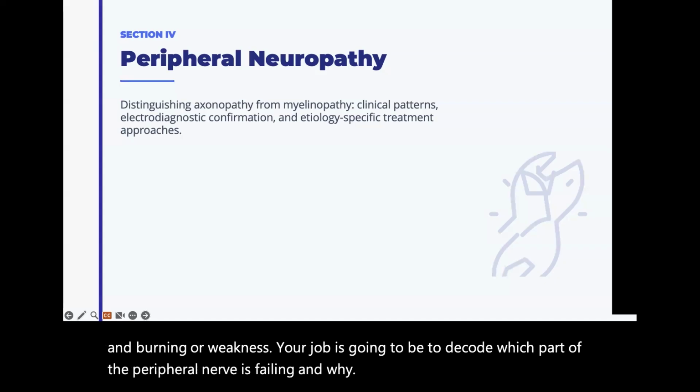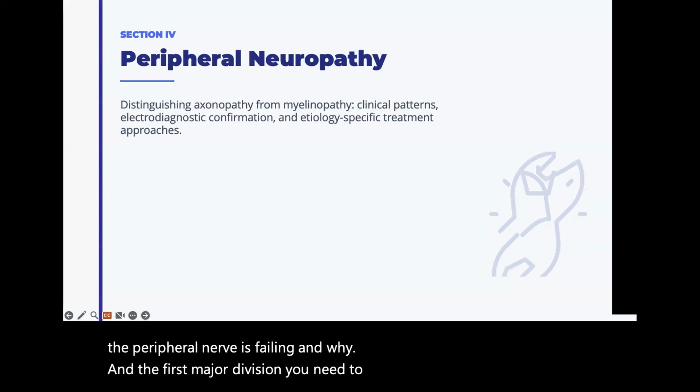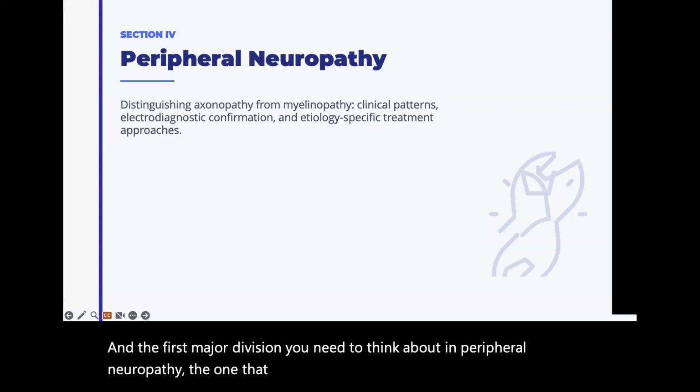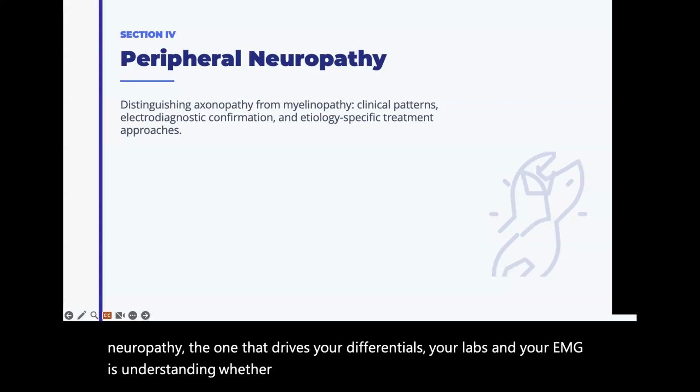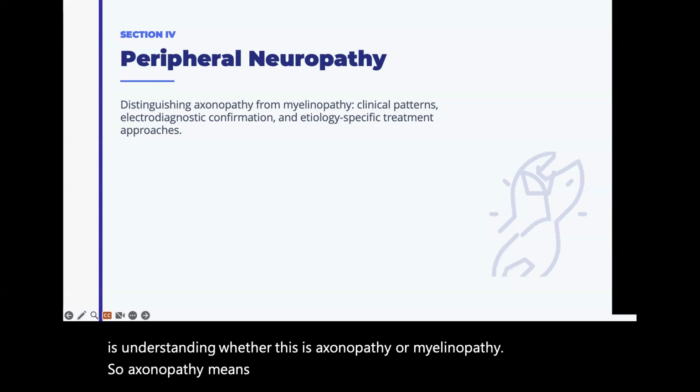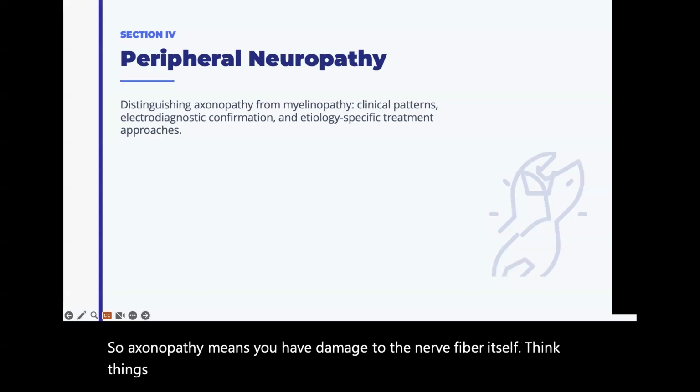And the first major division you need to think about in peripheral neuropathy, the one that drives your differentials, your labs, and your EMG, is understanding whether this is axonopathy or myelinopathy. So axonopathy means you have damage to the nerve fiber itself. Think things like metabolic, toxic, nutritional, systemic disease.